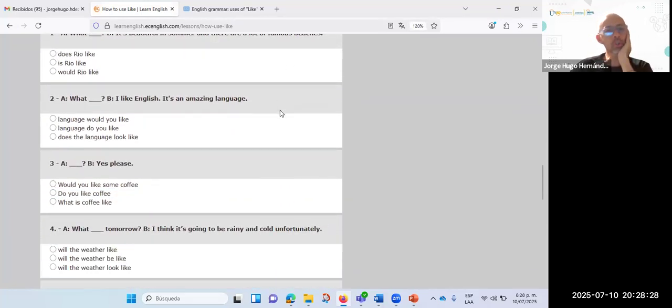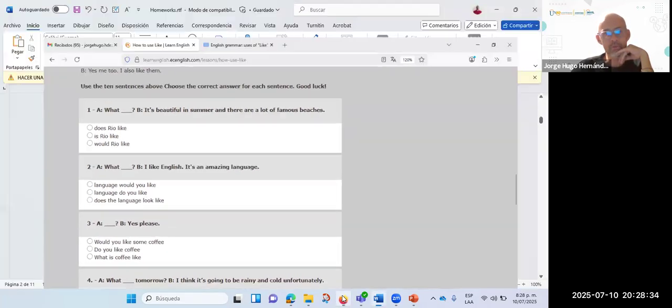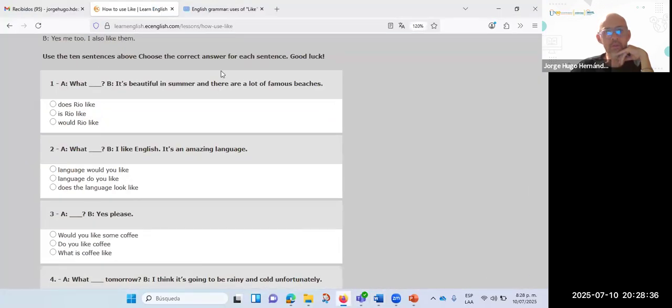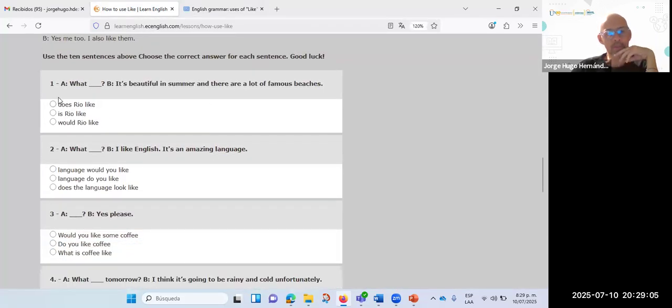Okay, we are going to complete these sentences taking into account the explanation of how or when we have to use each one of them. Like or would like is used to say enjoy or want, be like when you ask about general characteristics of a person or a place, and look like when we are talking about the physical appearance. So we are going to start with number 1.